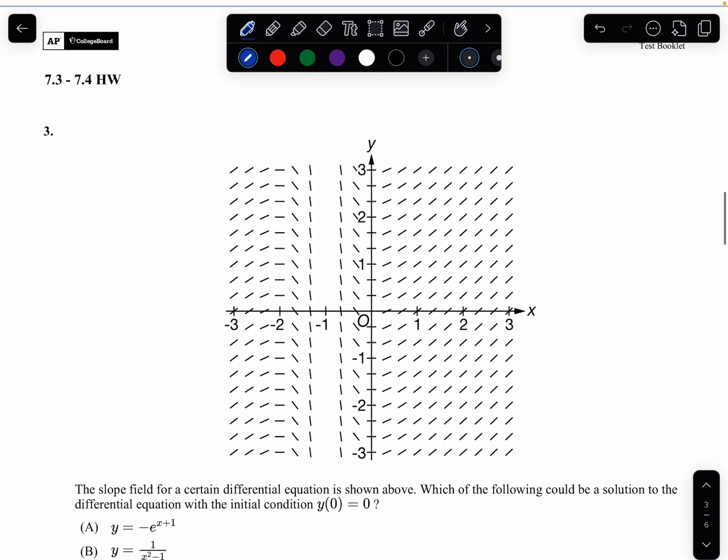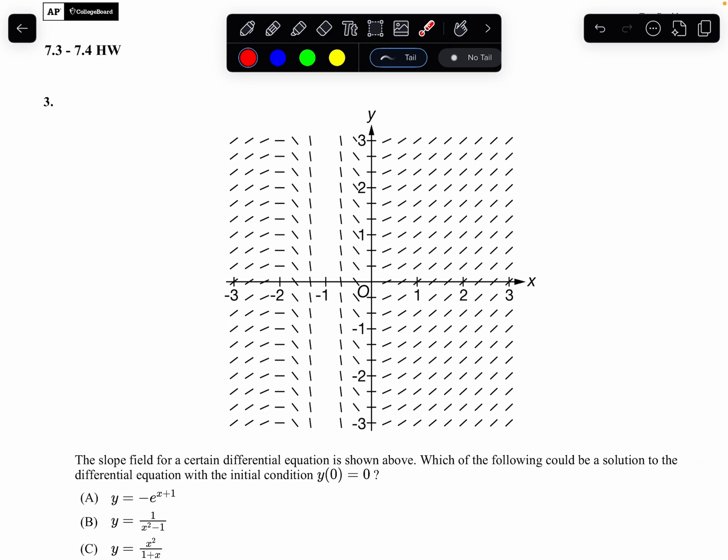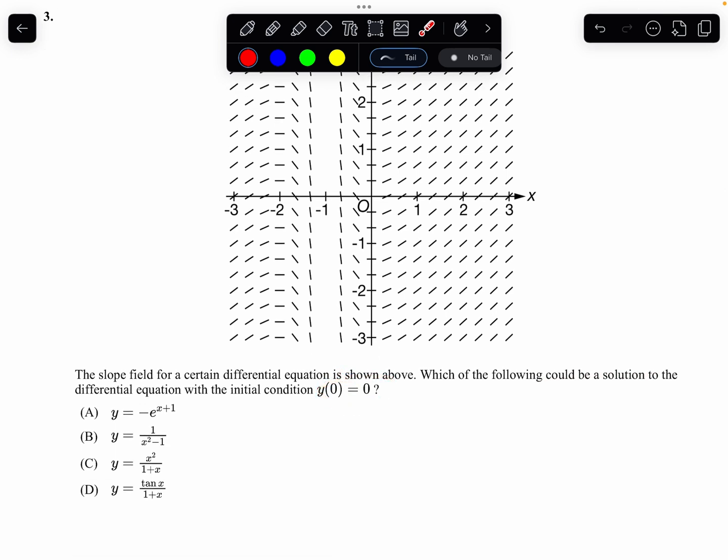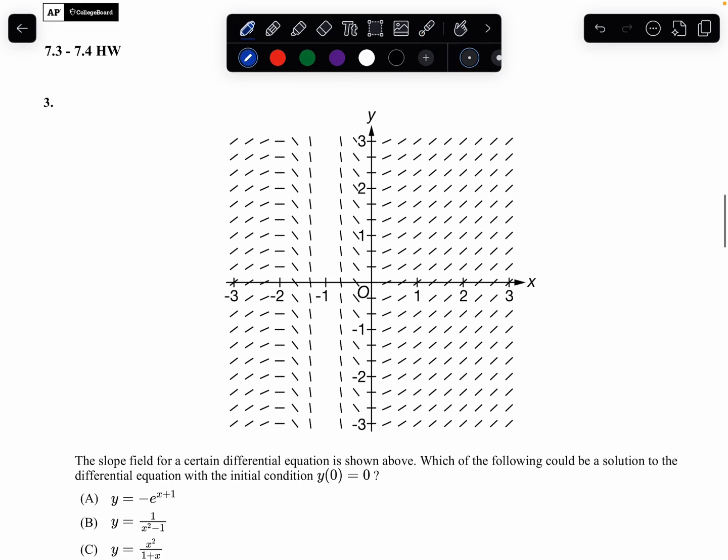Let's try 3. So for 3, slope field for a certain differential equation is shown above. Which of the following could be a solution with the initial condition 0, 0? So at 0, 0, it looks like the slopes all along here have to be 0.